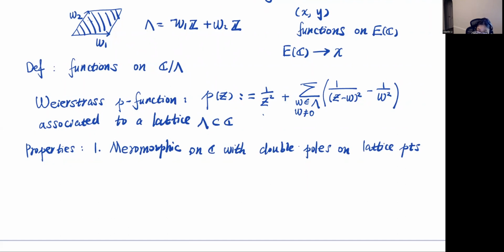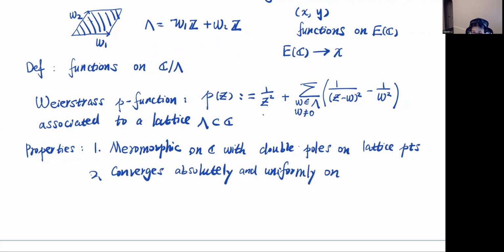But apart from the lattice points, the series converges absolutely and uniformly on every compact subset of C mod lambda. So it is well defined on every other point.